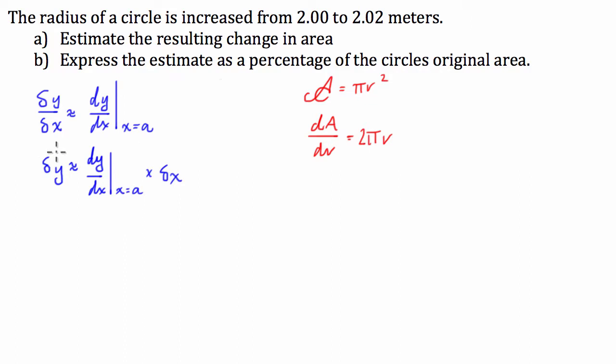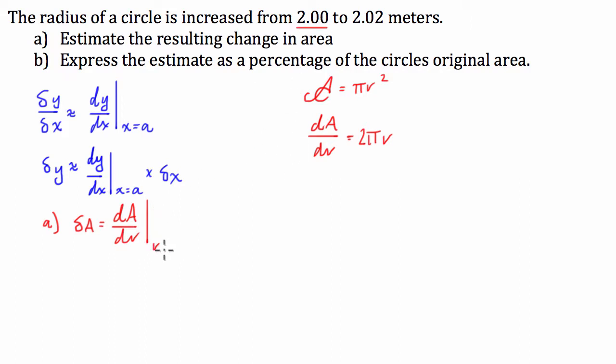Cool. So what we can say here is that the small change in y, or in this case for part A the small change in area, is going to be equal to the derivative of area with respect to radius, evaluated at our initial radius, which is this value here, 2.